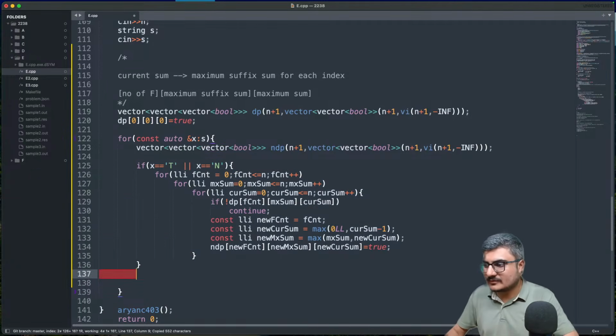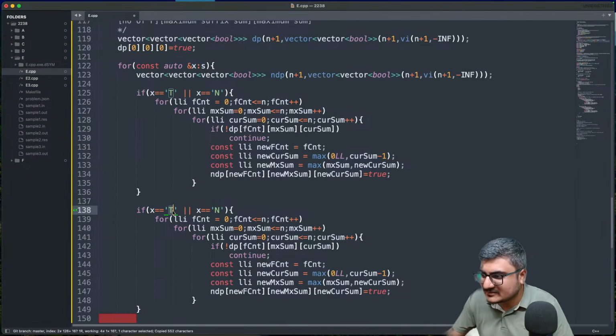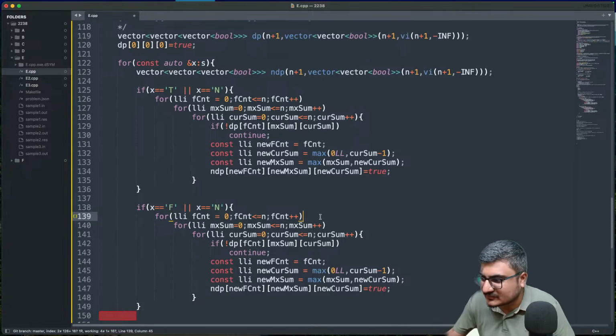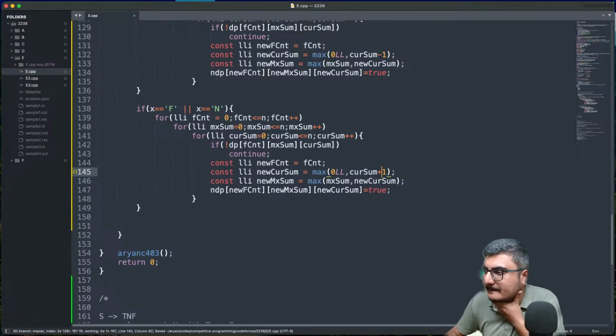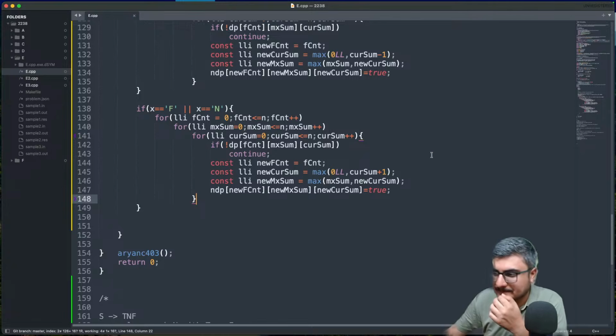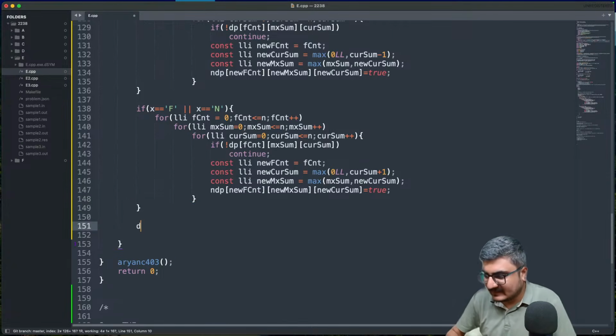Similarly, if we put false at the current place, which can be when x is true and when x is false, we are changing x equal to +1, so this comes here, and the whole algorithm remains the same. And then we replace dp with ndp, whatever we have.